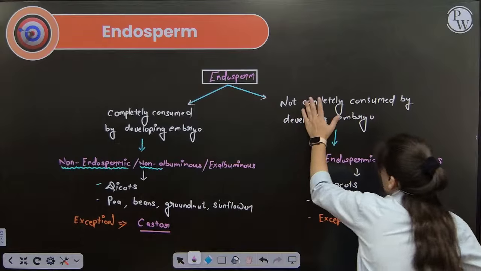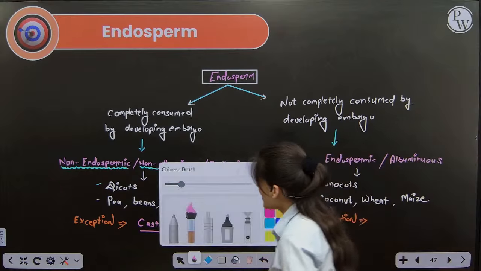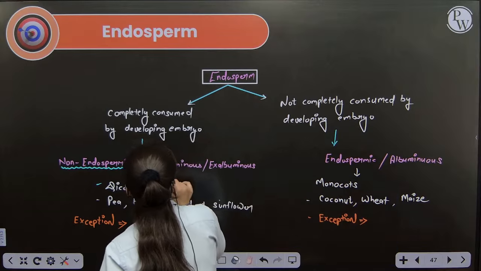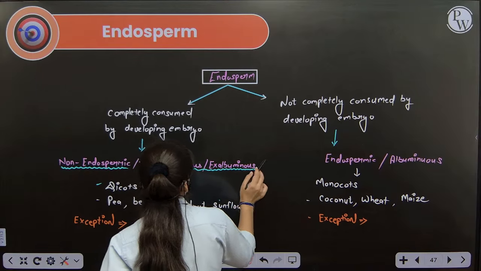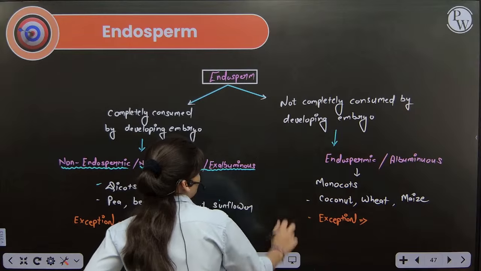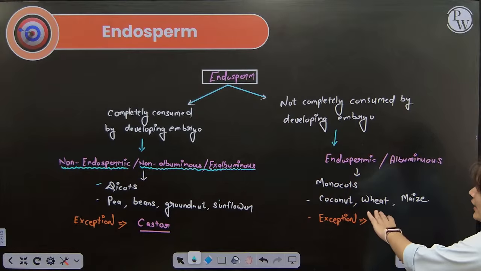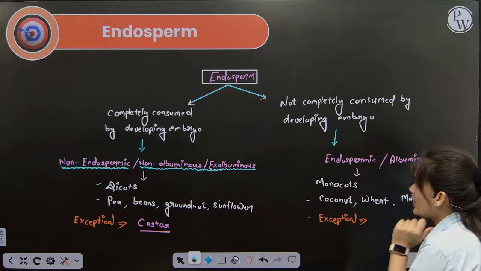Next case is when endosperm is not completely utilized by the developing embryo. That condition is known as endospermic. That means endosperm is there. Examples are monocots and coconut, wheat, maize. But here also an exception is there.